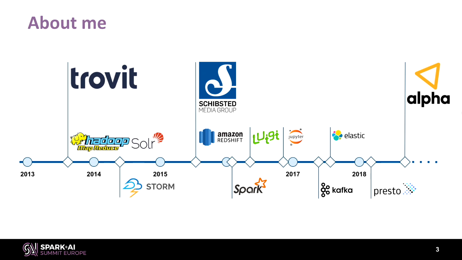Then I moved to Schibsted, my current company, where we started with SQL pipelines and luckily moved faster to Apache Spark and then Scala Spark. We orchestrated all the Spark pipelines with Luigi, a Python tool from Spotify. We also have some Jupyter, Elastic, Kafka, and recently we developed a Presto solution to close the gap between humans and data with SQL.